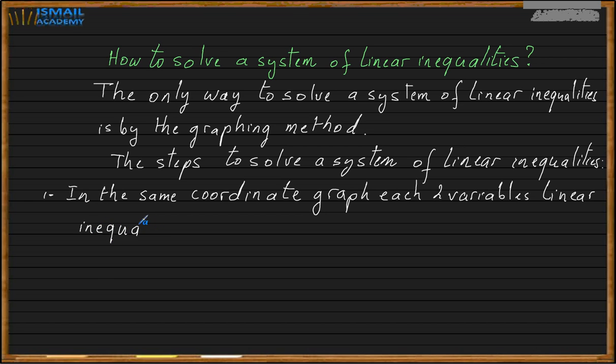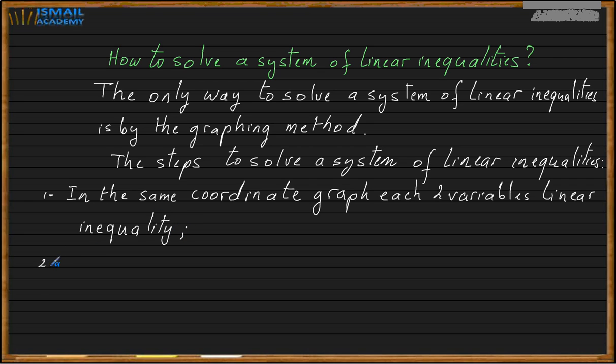This is why you need to see the video about how to graph a two variable linear inequality. It will help you see the idea of how to graph it, and you can use it here to solve the system of linear inequalities. So that's the first step.